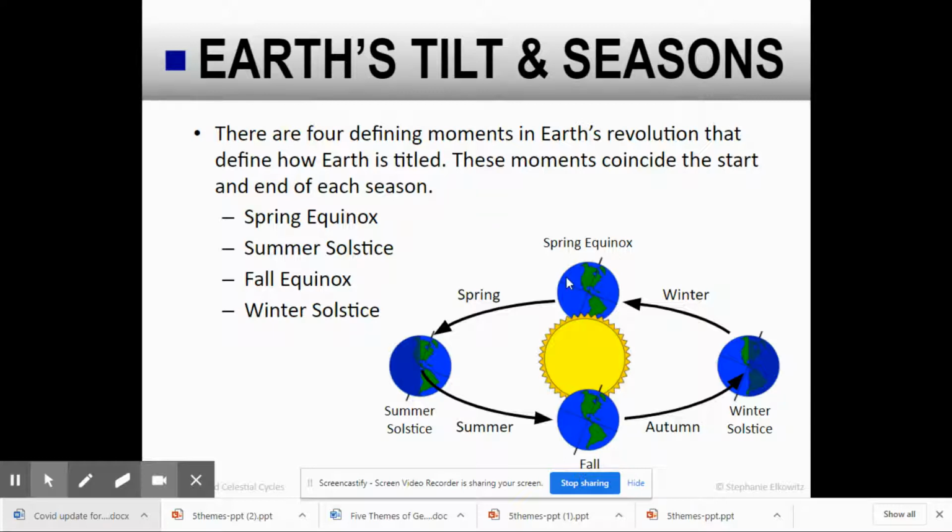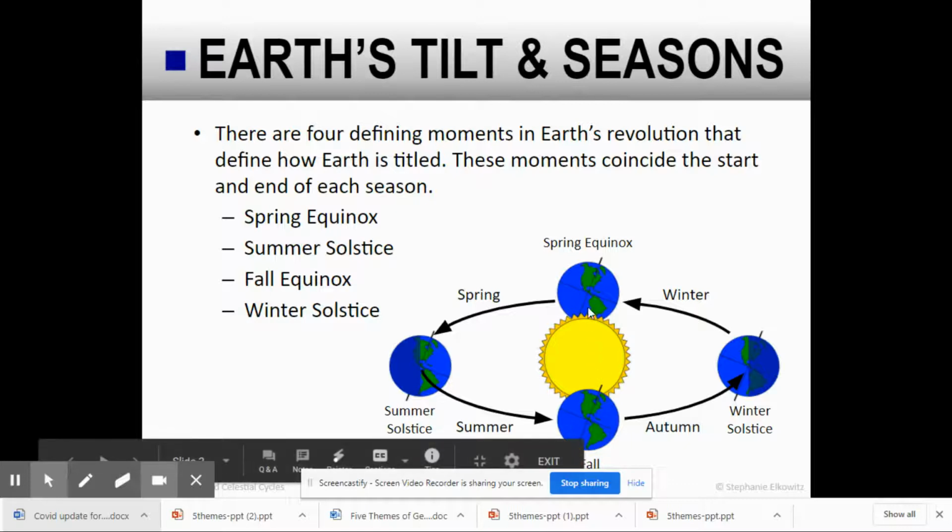Really pay attention, not just to where the spring equinox is and where fall is, but look at that tilt. It's not just the position, but the tilt, whether it's closer to the sun or farther from the sun, and whether the northern hemisphere is getting more sunlight, or the southern hemisphere.